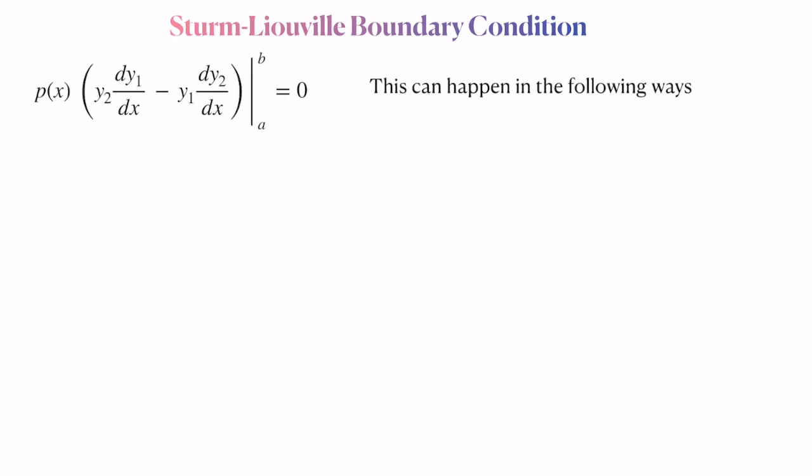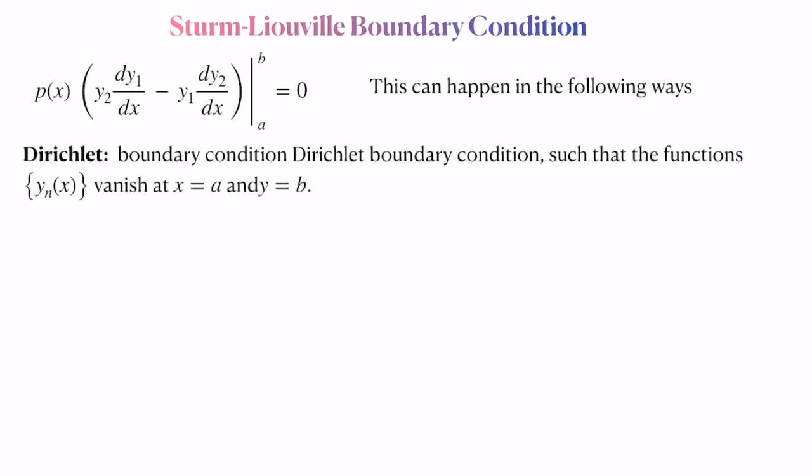Of course, let me remind you that earlier we saw the identity that p of x into the Wronskian is constant. That identity will also be quite useful in evaluating the Sturm-Liouville boundary condition. So one of the important boundary conditions is the Dirichlet boundary condition, where the function itself is 0 on the boundary. It comes as a special case.